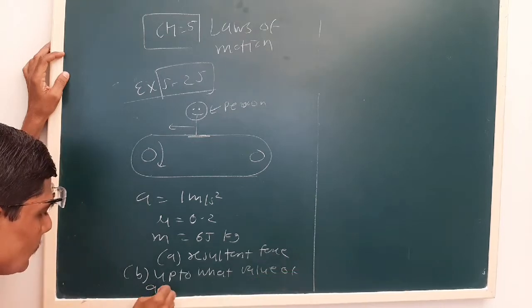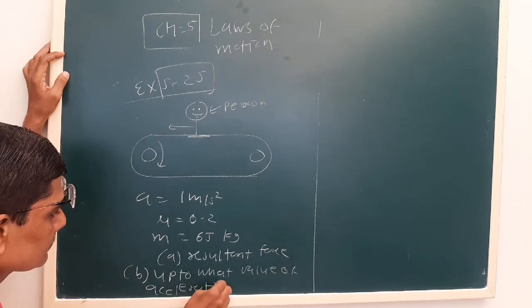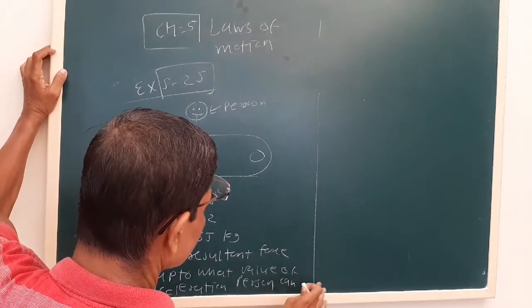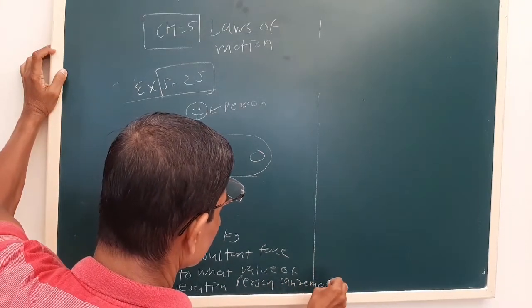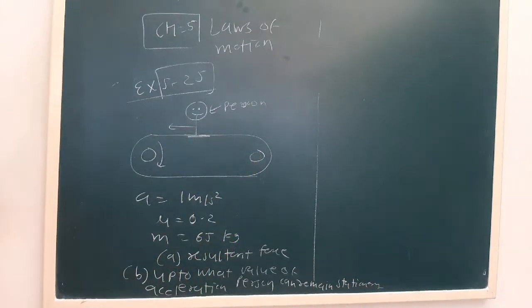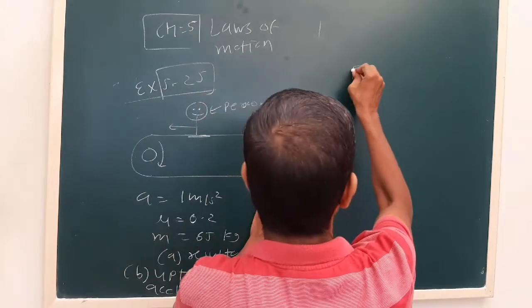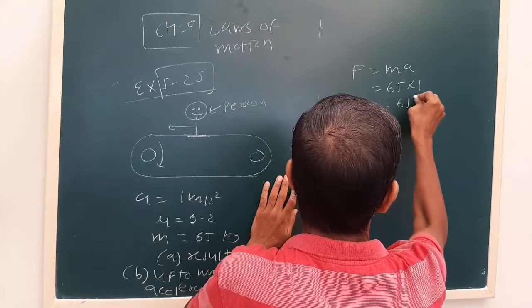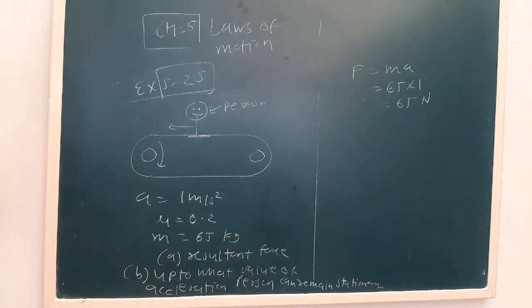Now see here, acceleration is given 1 meter per second square. Now see, the equation is this: F is equal to ma, mass is 65, so the force will be 65 Newton.